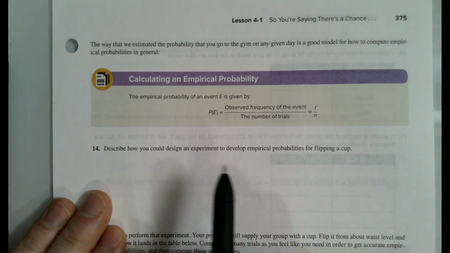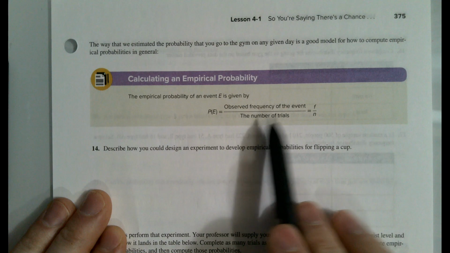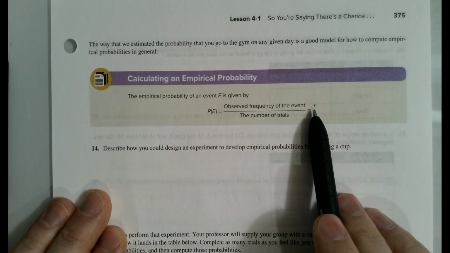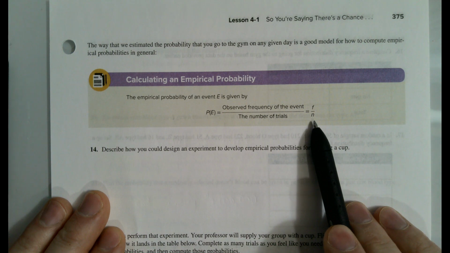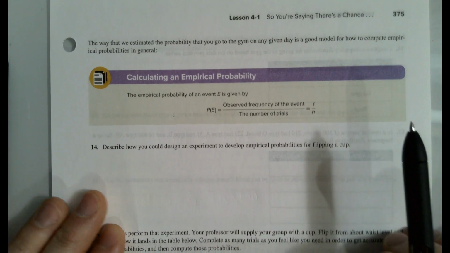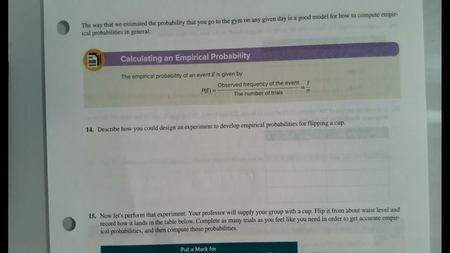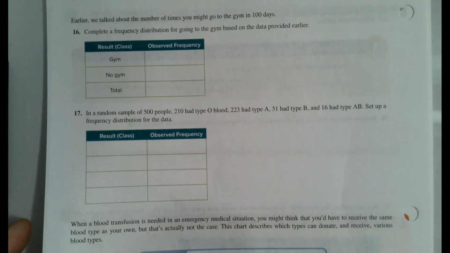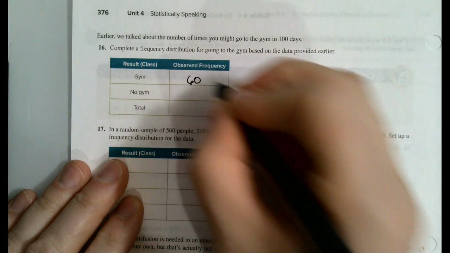Generally speaking, this is how we calculate that probability. It's the observed frequency of the event, we call that F, divided by the number of trials, we call that N. So here's an example. We're skipping all this because we're not together. Here's an example from earlier, where we had the observed frequency of going to the gym 60 times.